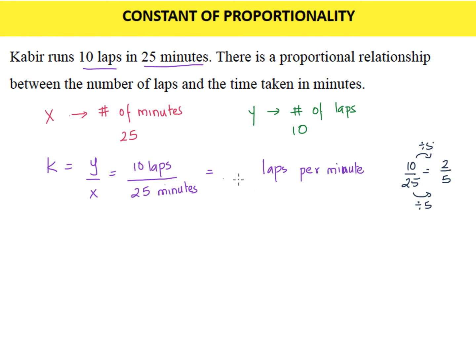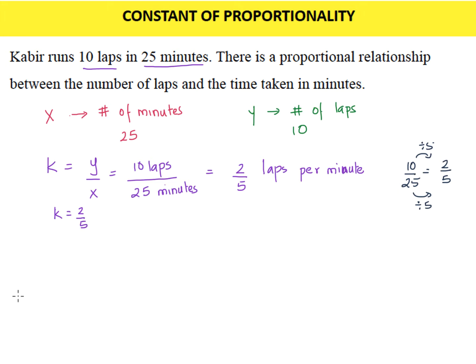And since my answer is going to be laps, instead of writing as decimal, I'm actually going to leave it as fraction. So it's 2/5 laps per minute. In this case, my constant of proportionality is 2/5, or you can write that as 0.4.